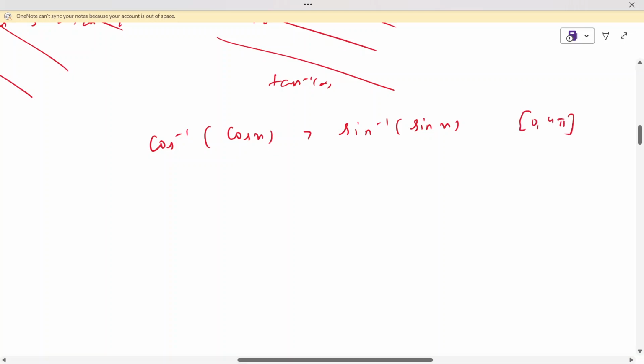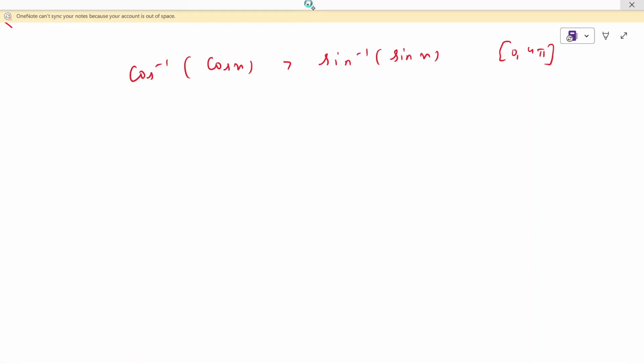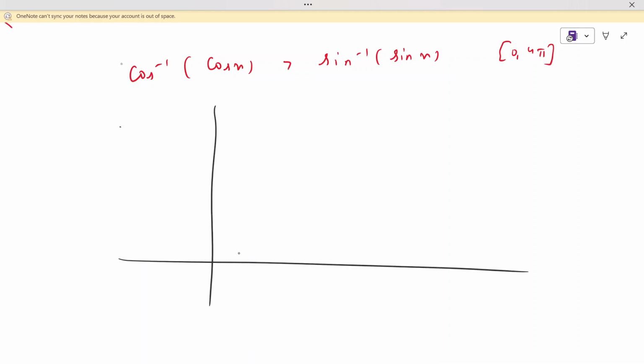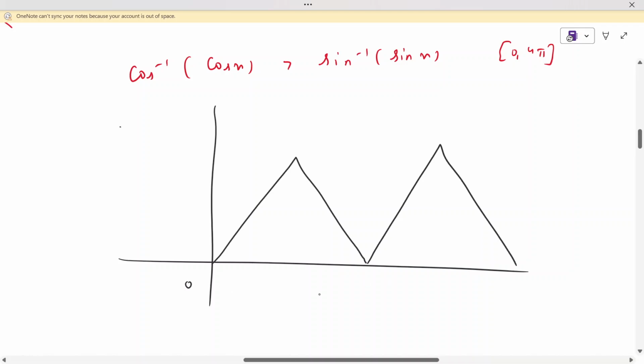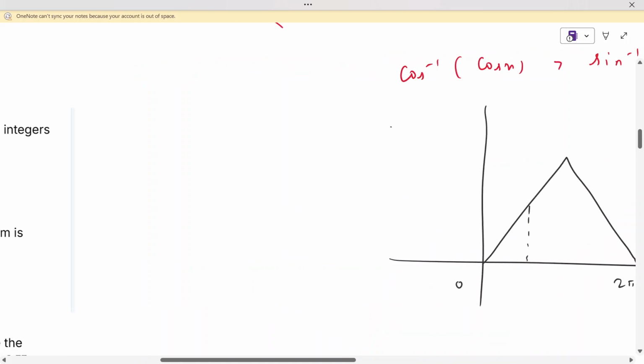I guess for solving this, the graph is more recommendable. You can easily plot the graph of cos inverse cos and sin inverse sin. This is the cos inverse cos graph. This is 0, this is pi, 2 pi, that is 4 pi. And what will sin inverse sin look like? Let us draw separately first.